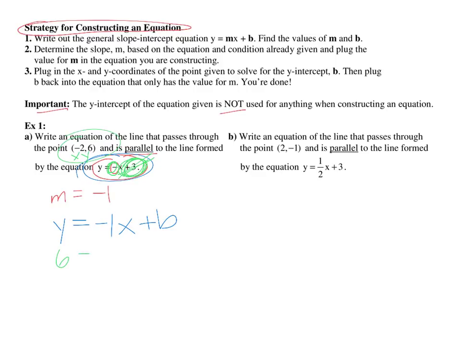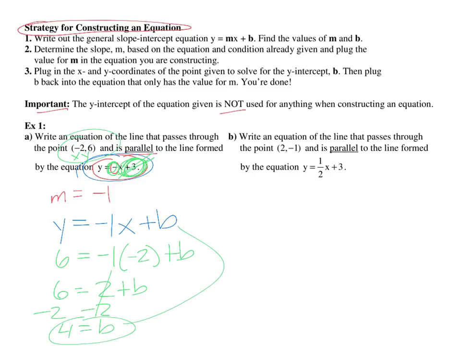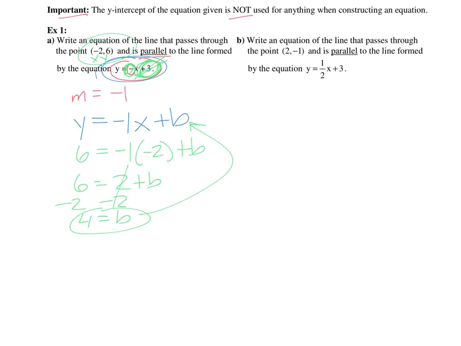So you have 6 is equal to negative 1 times negative 2 plus b. So I have 6 is equal to 2 plus b. Subtract 2, and b is equal to 4. Now I take this and plug it in, and that completes my equation. Done.